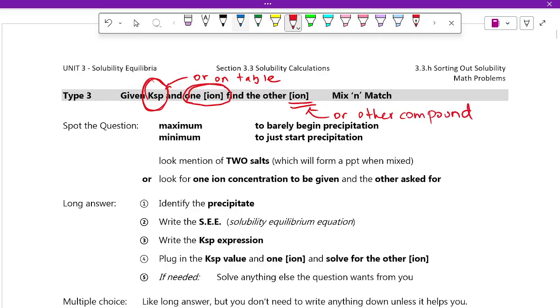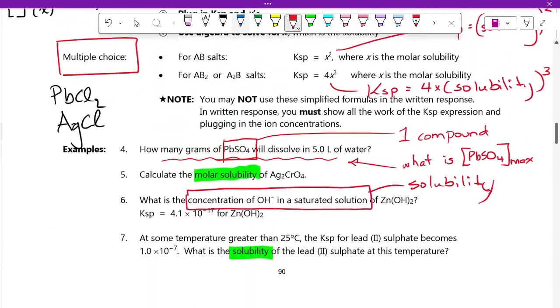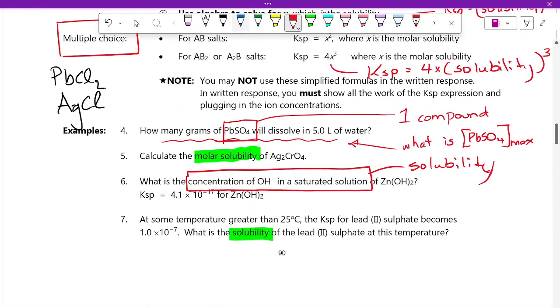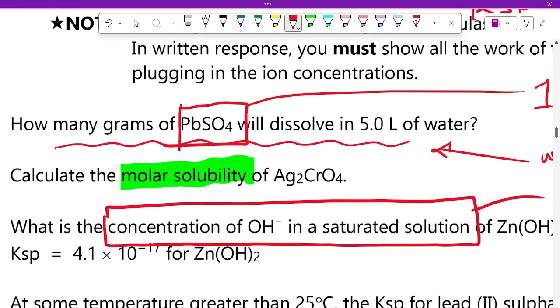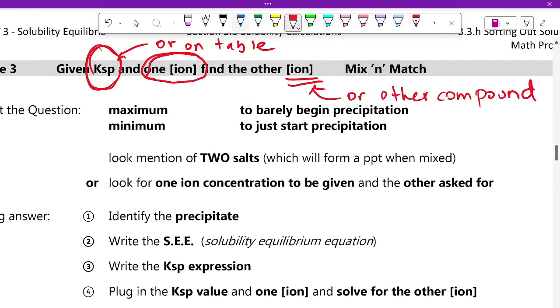The other thing about these questions that differ from here: even if I said, what's the maximum number of grams of lead sulfate that can dissolve in water, it wouldn't say without starting precipitation. These questions are always going to say to just barely begin precipitation or to just start precipitation.